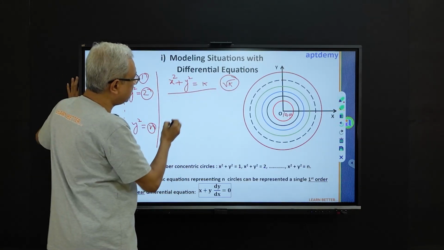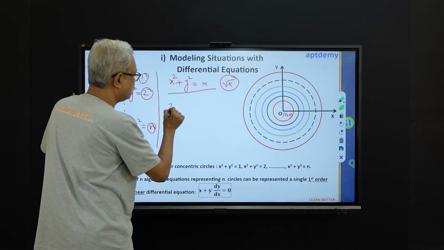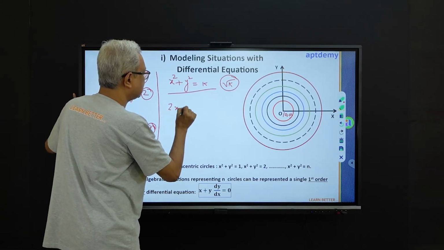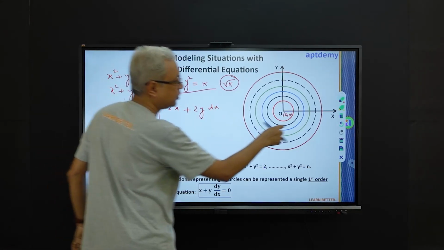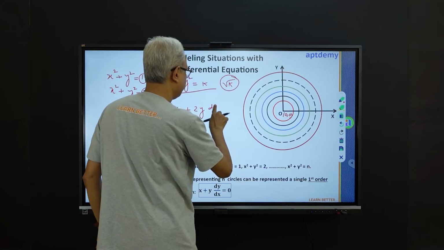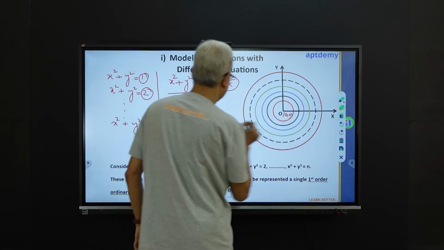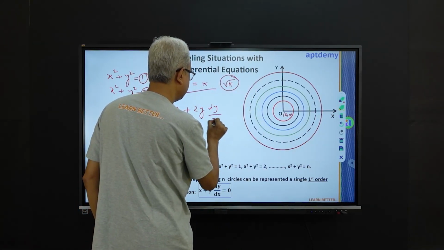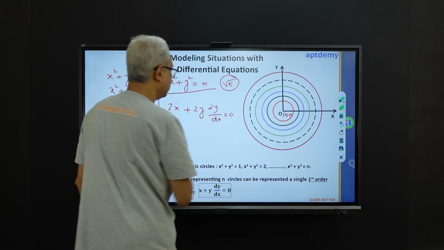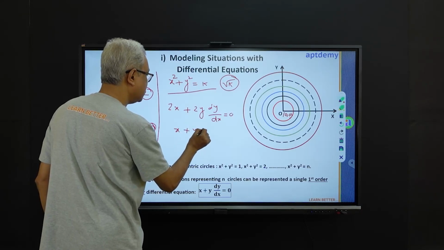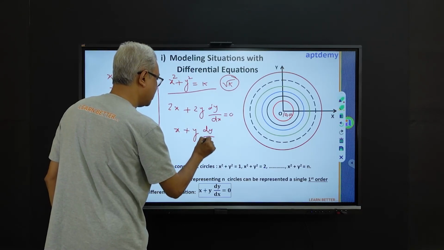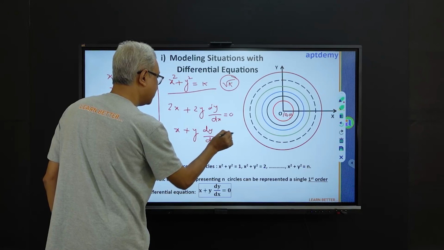Now if you differentiate the equation of the circle, it becomes 2x plus 2y dy/dx equal to 0, or you can write x plus y dy/dx equal to 0.